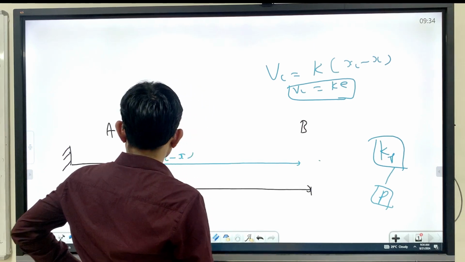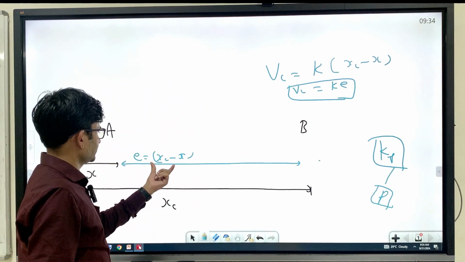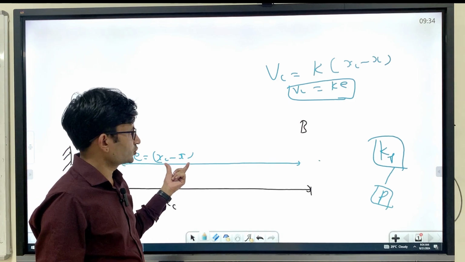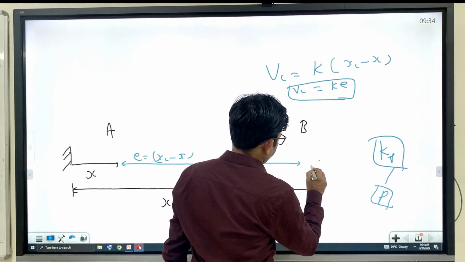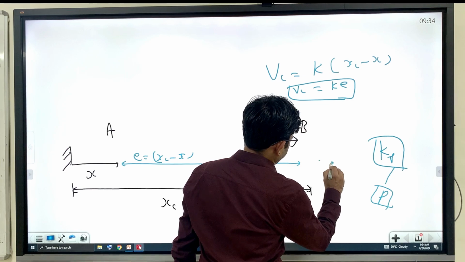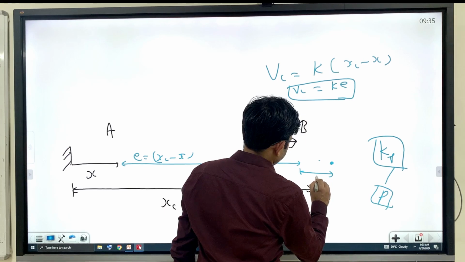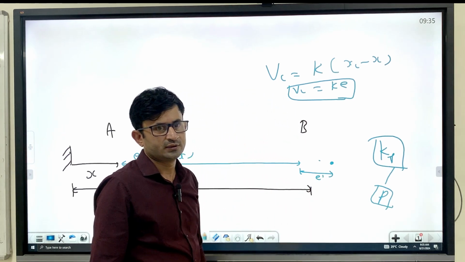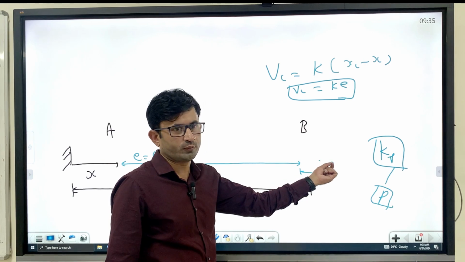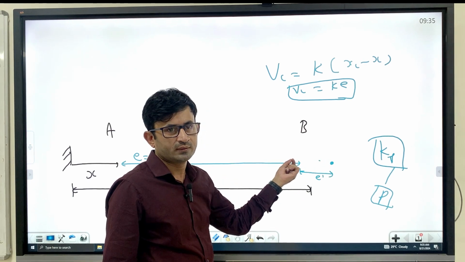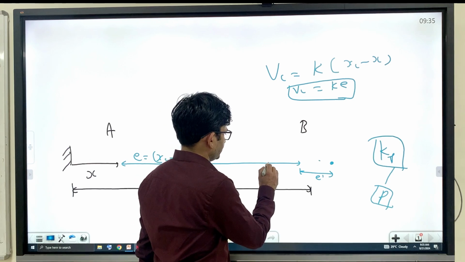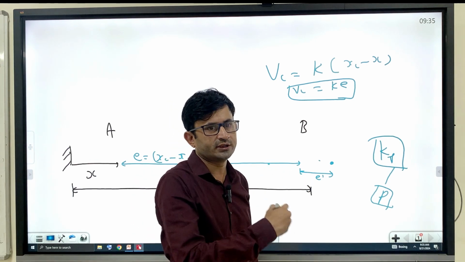Let's say this was the error, and this error was positive. When you cross this point and reach here, then you have this much error, let's say E dash. So again the controller will try to bring you back to point B, and again you will shift from this point. So we'll keep oscillating, right?